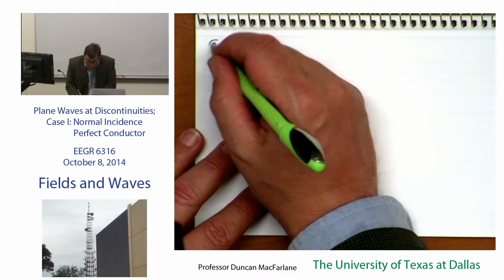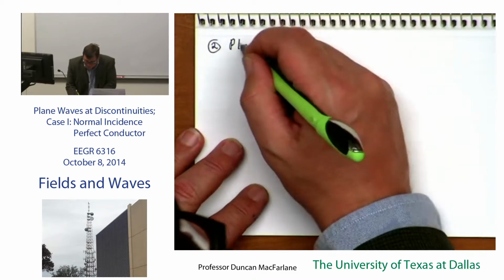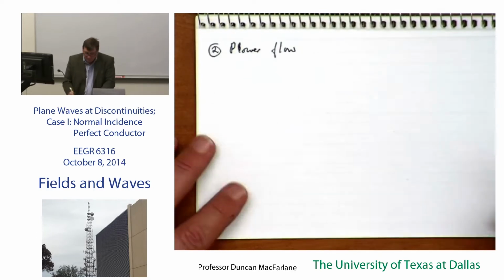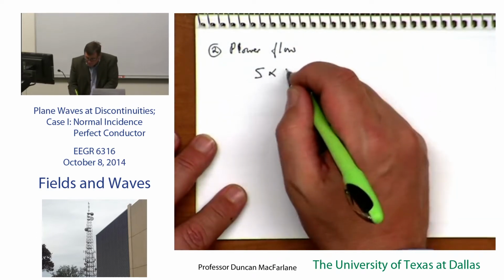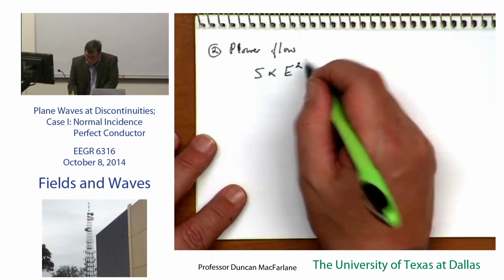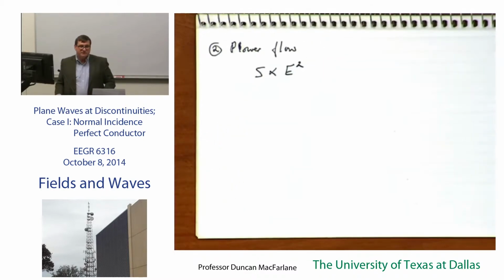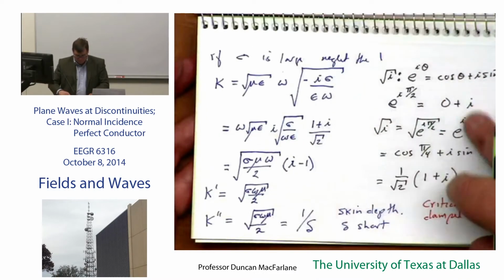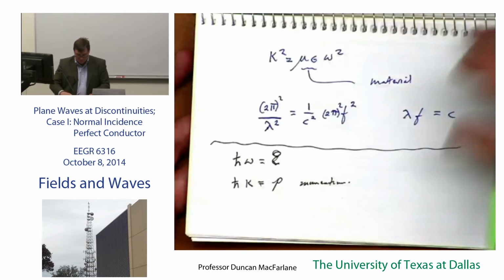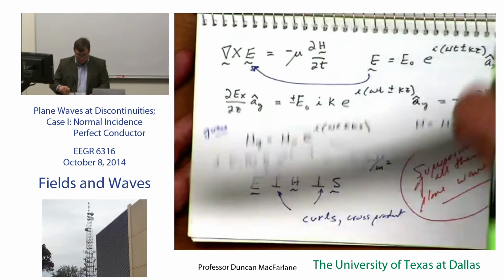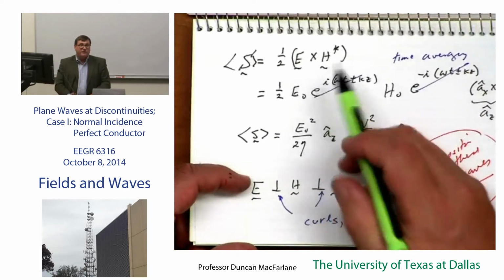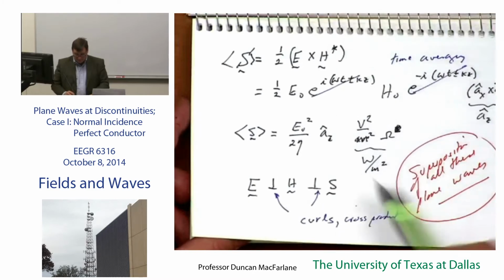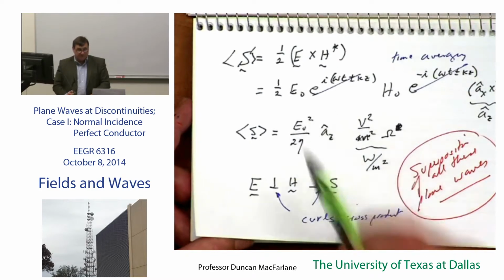Another thought comes from the power flow. And remember that the Poynting vector S is proportional to the electric field squared. For our plane wave solution, we found the time average Poynting vector, and we saw that it was proportional to E squared.